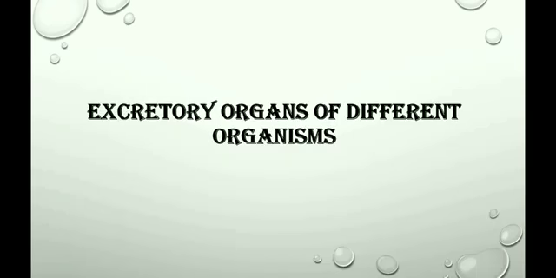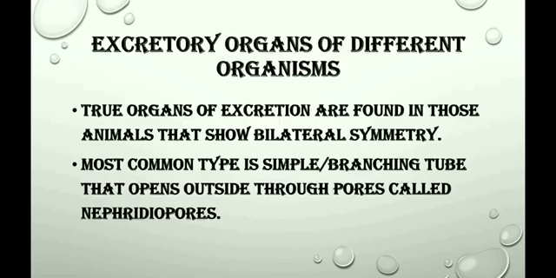Now, talking about excretory organs present in different types of organisms. True organs of excretion are found in those animals that show bilateral symmetry. If I say the word bilateral symmetry, that means if you cut any organism from the center through a single plane and you get two equal halves, such kind of symmetry is called bilateral symmetry.